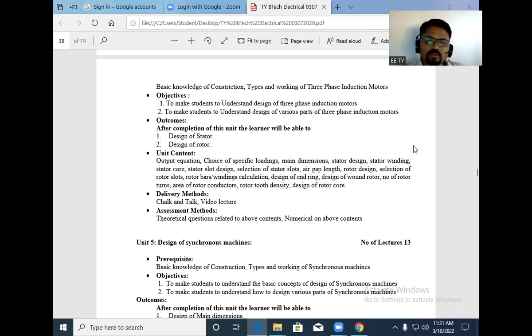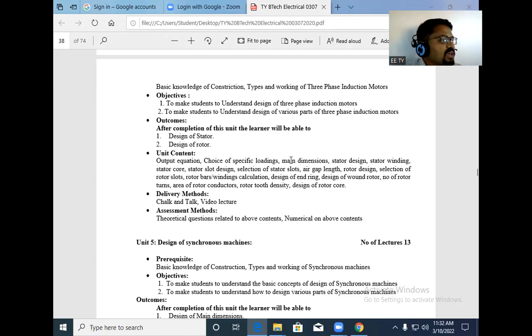wound rotor, comma number of rotor turns, comma area of rotor conductors, comma rotor tooth density, comma design of rotor core, bracket complete.